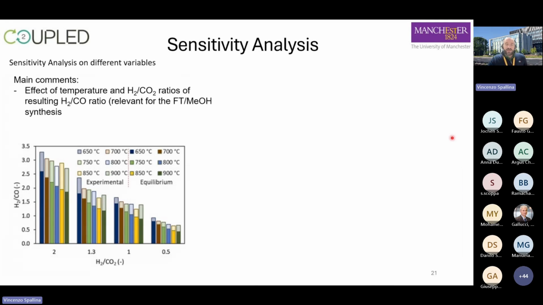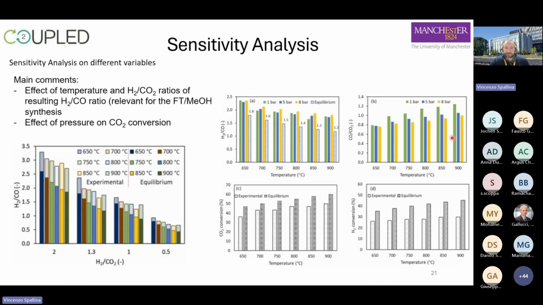In this case, the key point was monitoring the hydrogen to CO ratio, and that's what we did by using different hydrogen to CO2 ratios and different temperatures. We also did the same check with pressure. In terms of pressure, the difference is not that relevant.